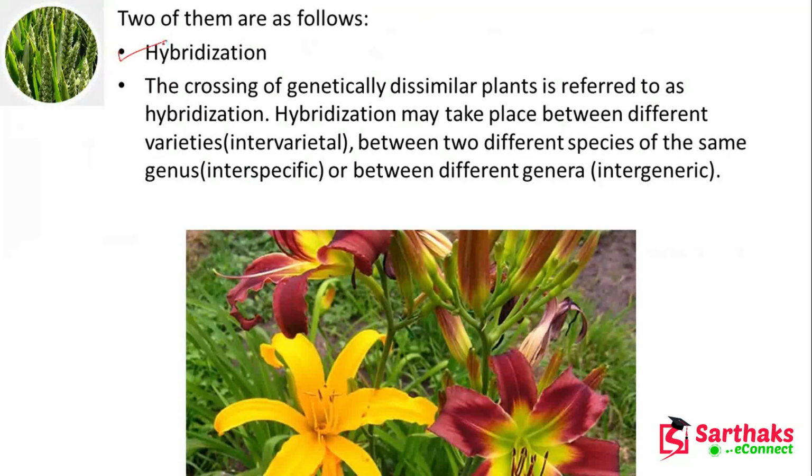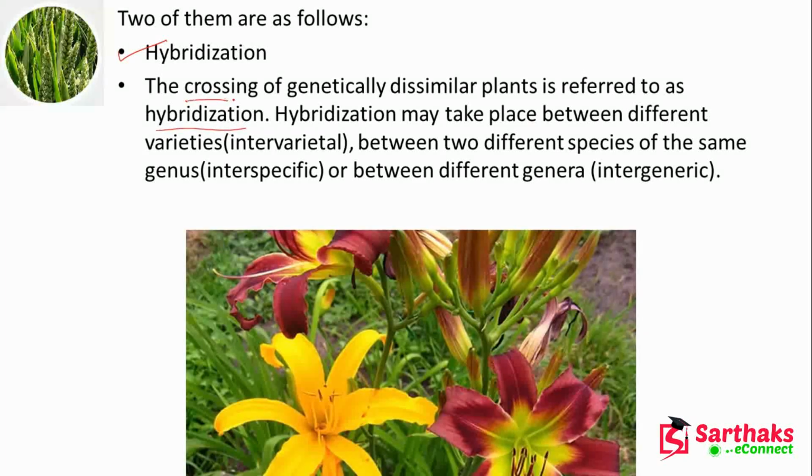Like, first one is the hybridization. Now hybridization is what? Suppose you have two crops, a similar crop and two types are there. At that time, what you can do, the crossing of genetically dissimilar plants is referred to as hybridization, right?